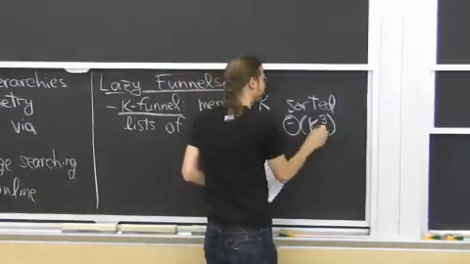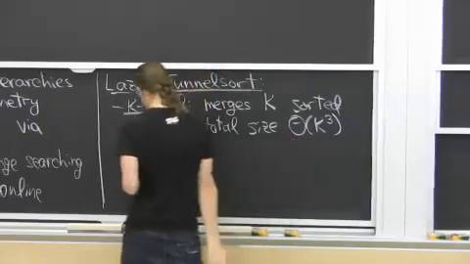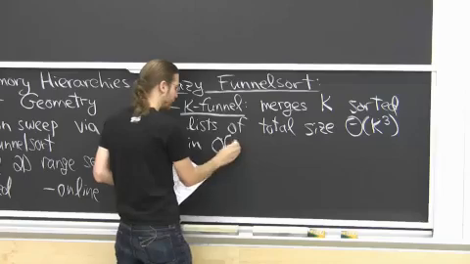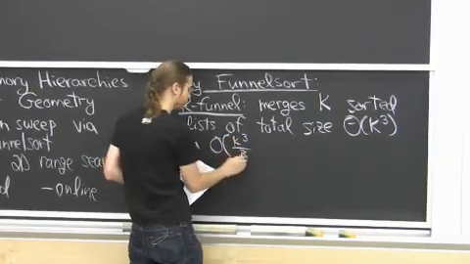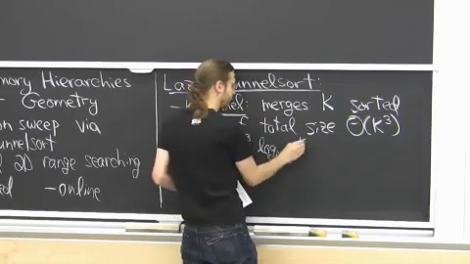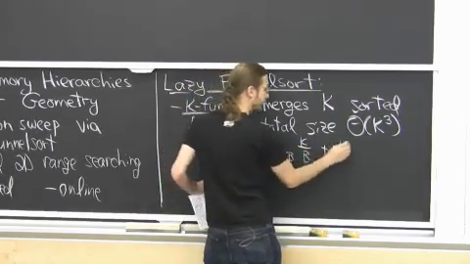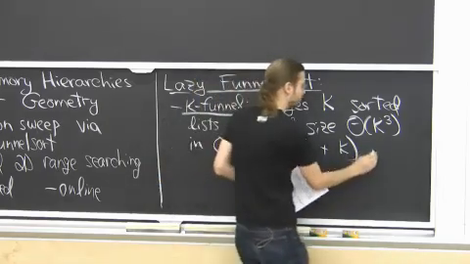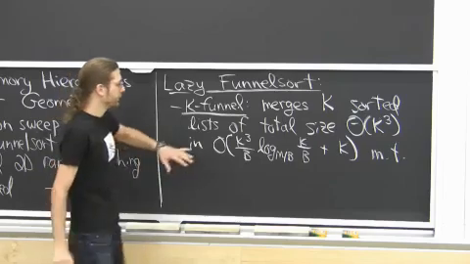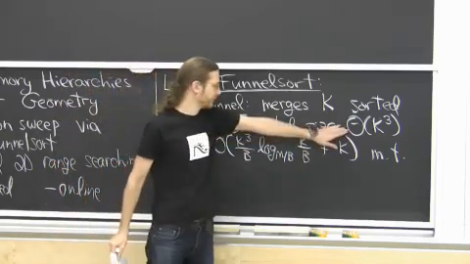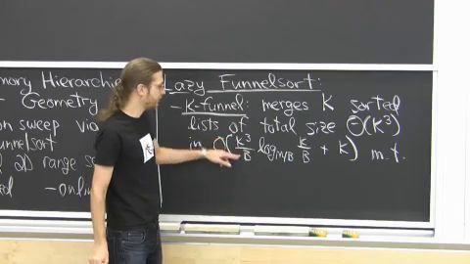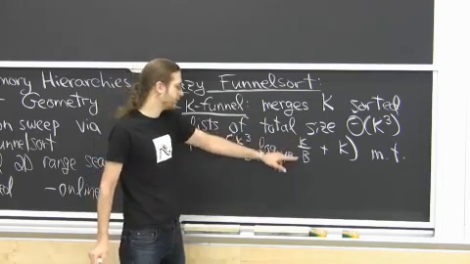So if you have k sorted lists that are big, size k cubed, then you can merge them in basically the optimal bound. So k-funnel, k sorted lists, total size k cubed, number of memory transfers to merge them is k cubed over b times log base m over b of k cubed over b.